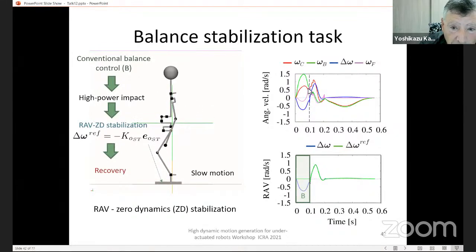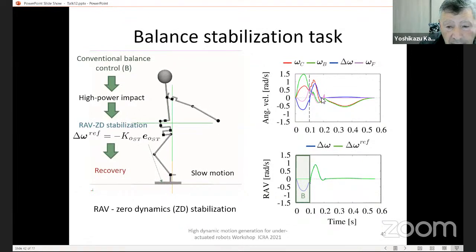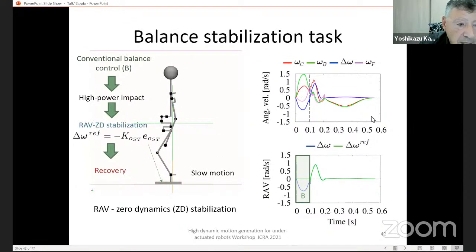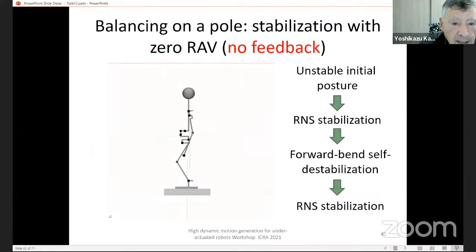So it goes very straight up exponentially. It will be destabilized if you don't use nice control. So we have here relative angular velocity, zero dynamic stabilization in this case, and it can swiftly destabilize, and then the motion will be recovered. So this is an example of stabilization and recovery.